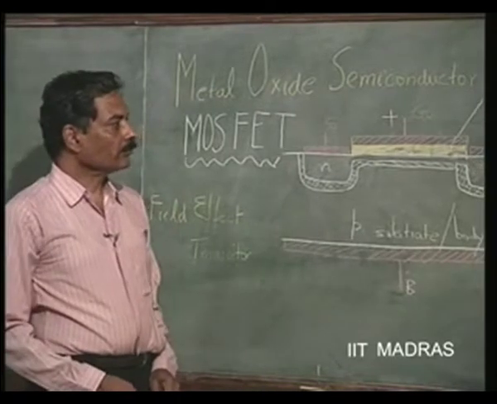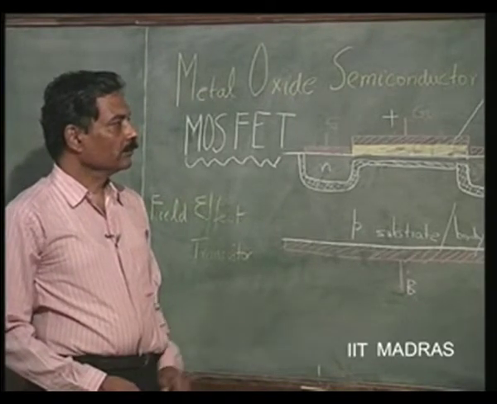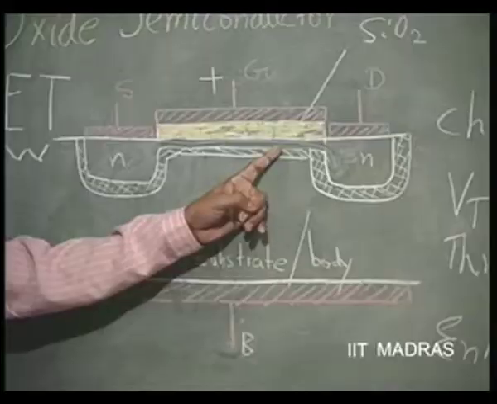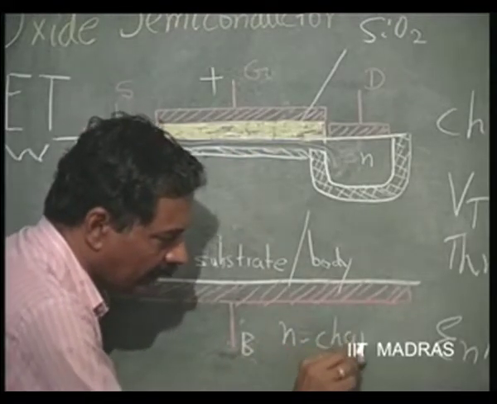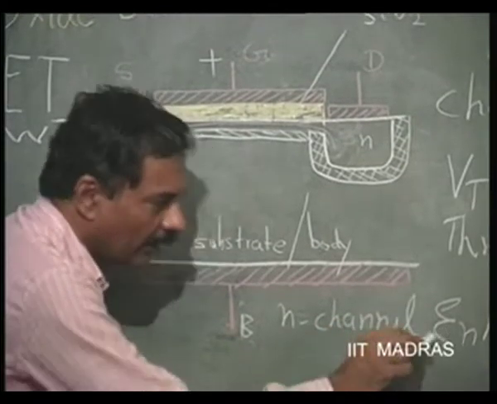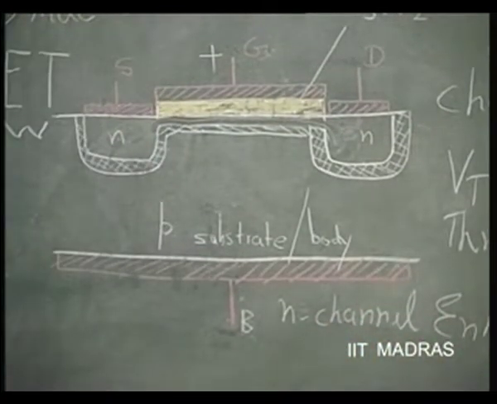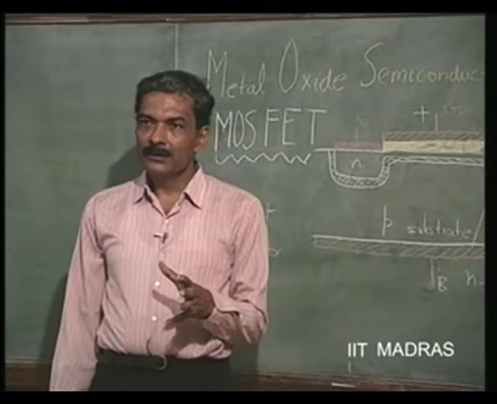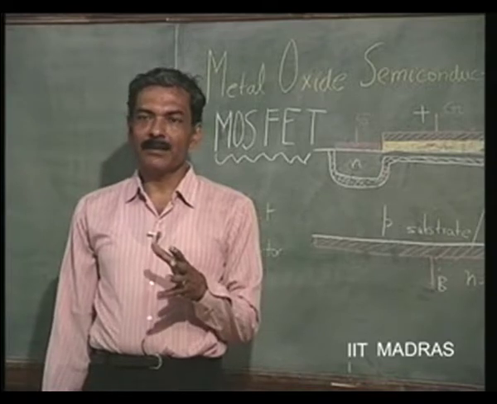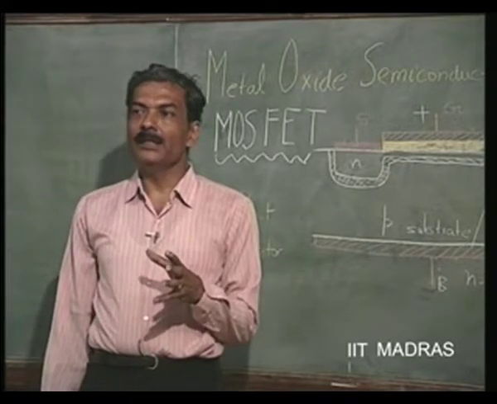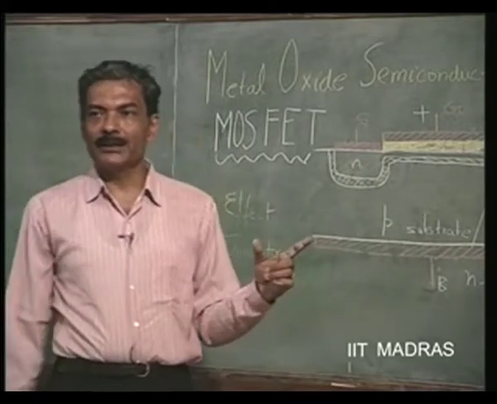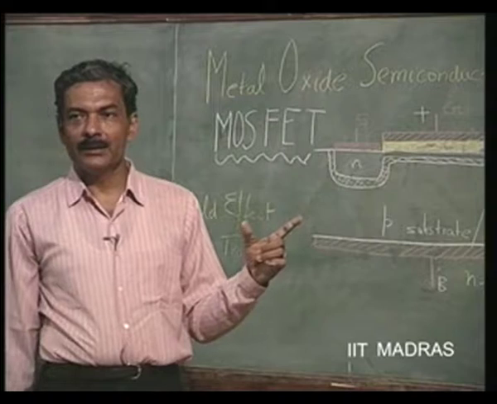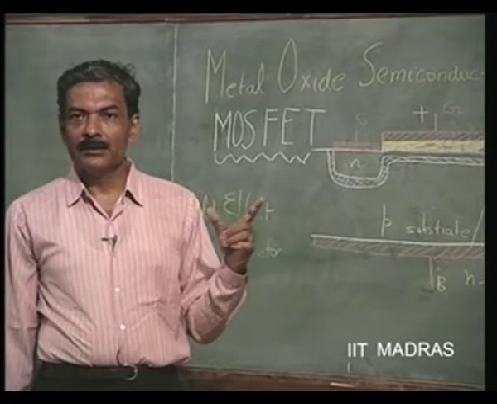Now, since the channel here is N channel, this is called N channel enhancement type of MOSFET. So, in enhancement type of MOSFET, the MOSFET action will occur only after a voltage greater than the threshold voltage is applied between the gate and the substrate.